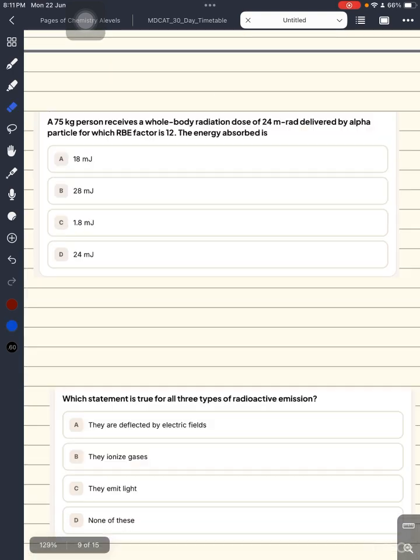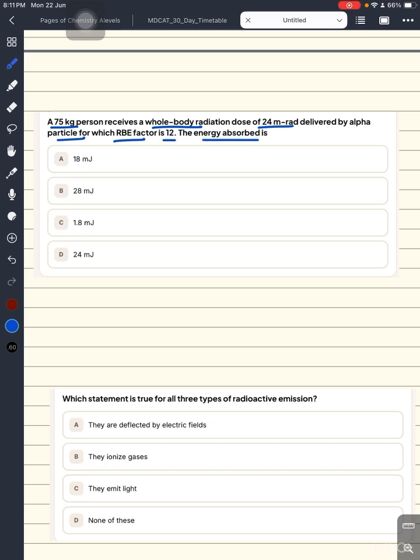This is one of the more difficult MCQs, but let us solve it. A 75 kilogram person receives a whole body radiation of 24 mrad delivered by alpha particles with RBE factor 12. Energy absorbed?